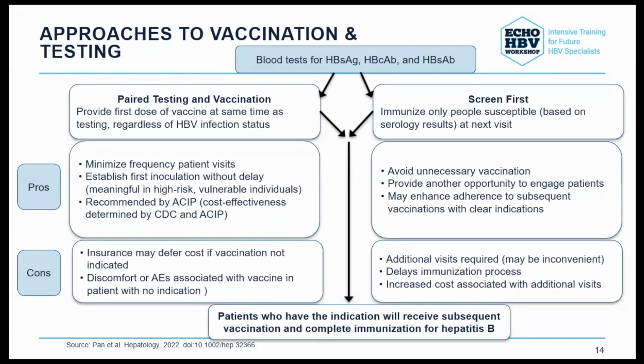And later on, when the result comes back, you may not need to continue to finish the whole 3-vaccine series if the patient already has Hep B. So this is the current approach. Don't miss any opportunity to vaccinate your patients early.